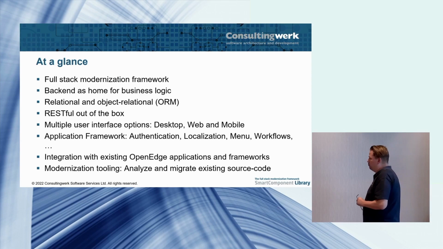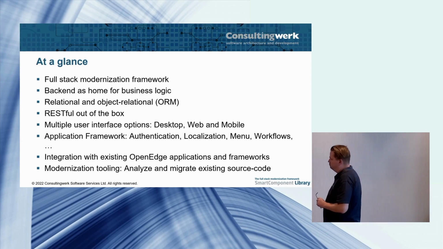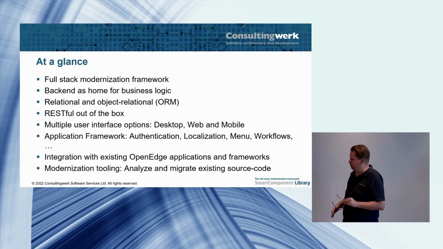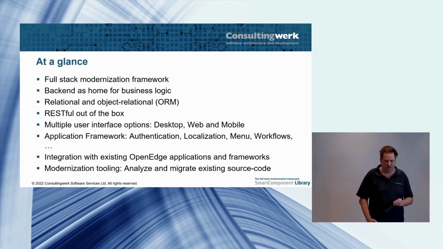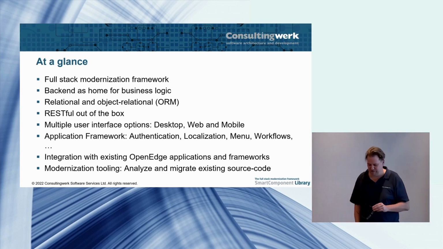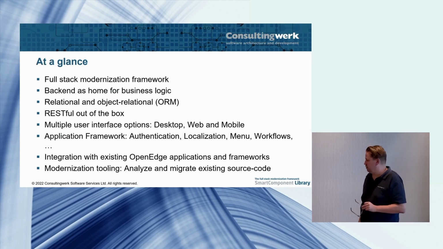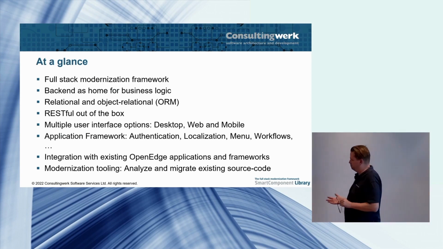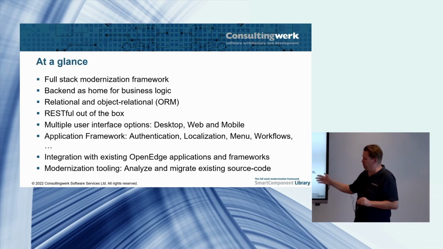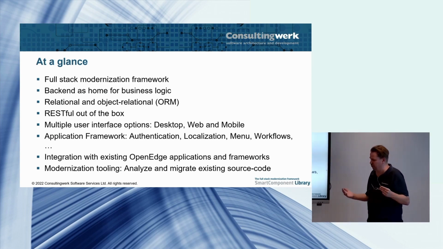The Smart Component Library provides a lot of components that just provide architecture. So if you look at front-end service interfaces, data access, business logic layers, these kinds of things. And besides that, we have an application framework that's optional to use. Basically, everything in the framework is optional to use because it's all loosely coupled.